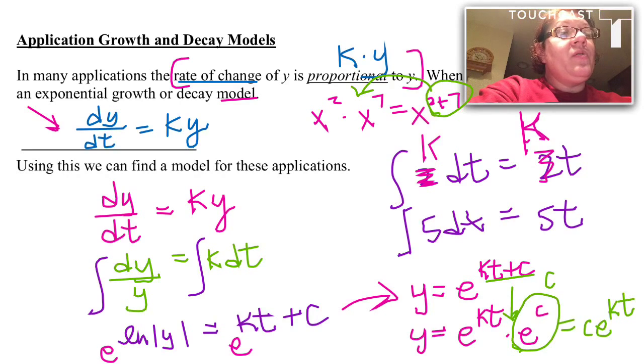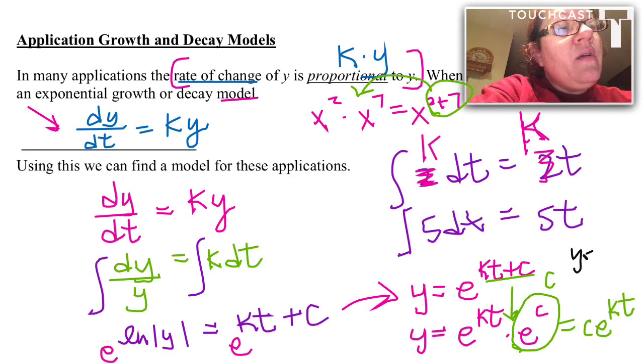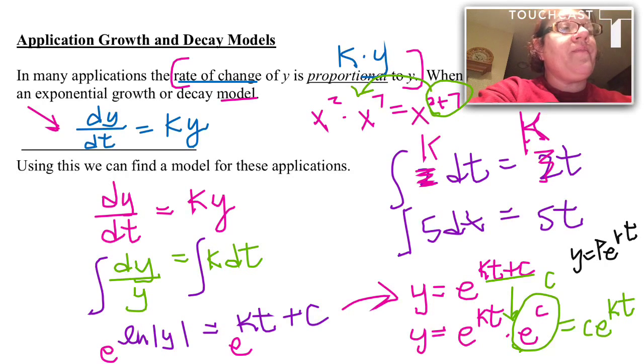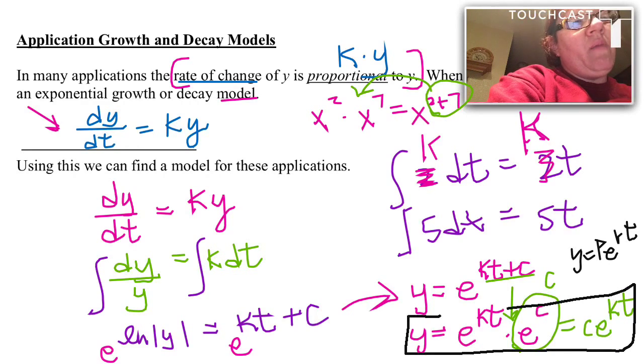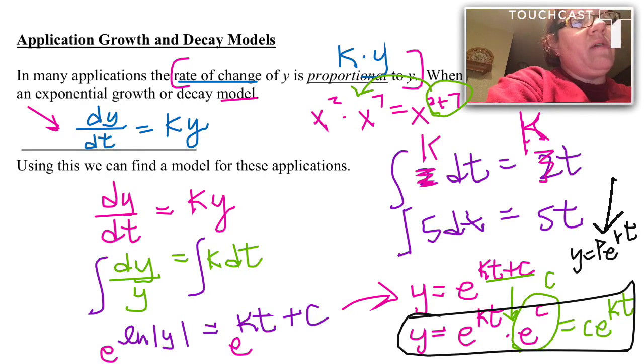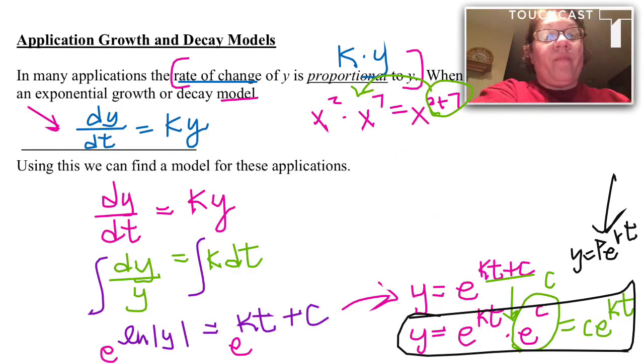And I bet you remember seeing this formula because it looks remotely similar to this one, which everybody remembers. And this is, in fact, my exponential growth and decay model, which is the same as PERT.